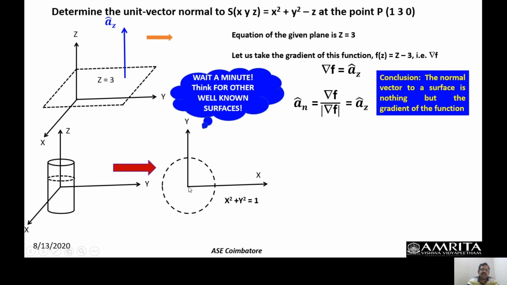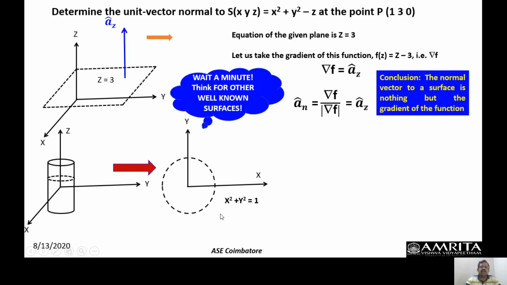Let us take a couple of examples and see what this gradient represents. Say along this direction, you see the radial function, the radius vector increases along this direction, which is the ax direction. This radial function increases along the x direction. I told you already the coordinate at this point is (1, 0).